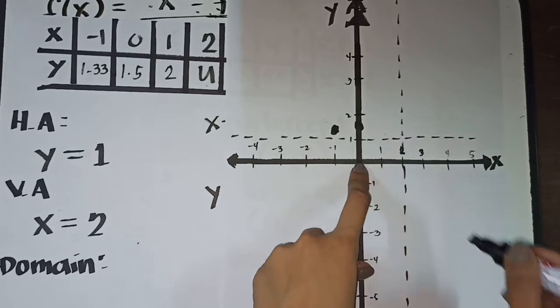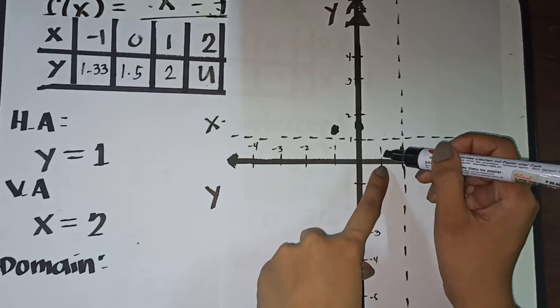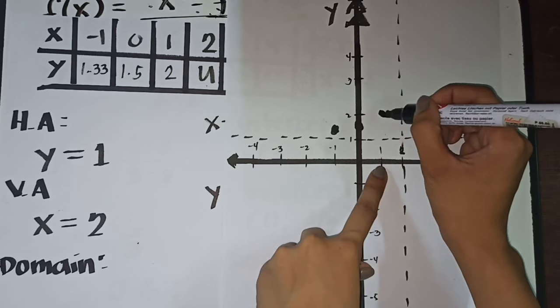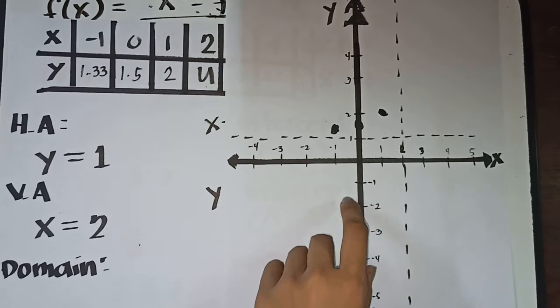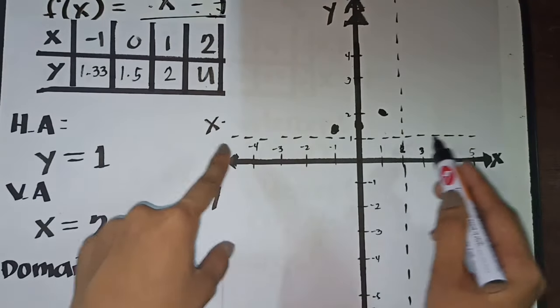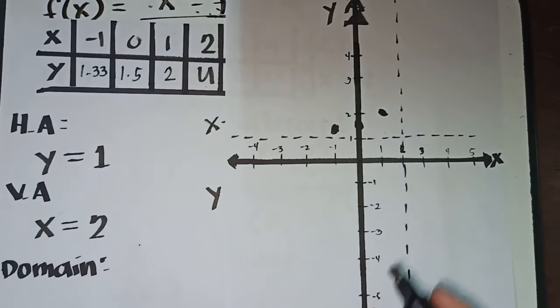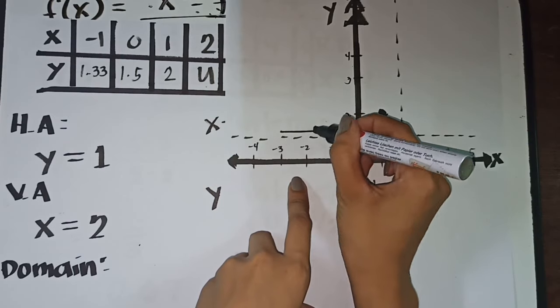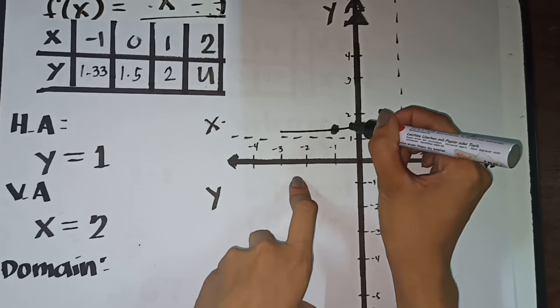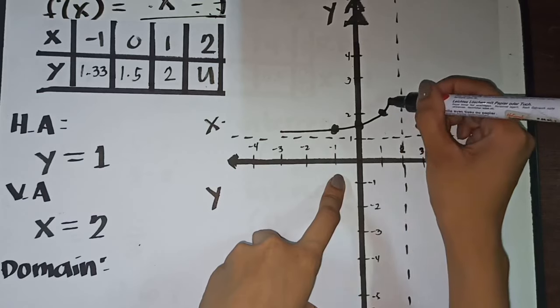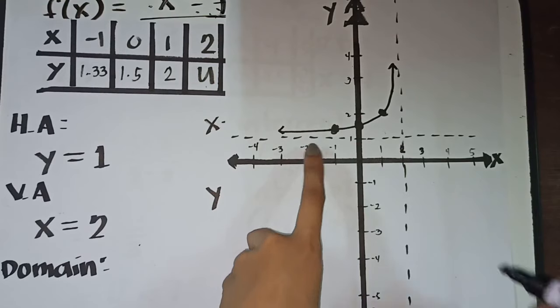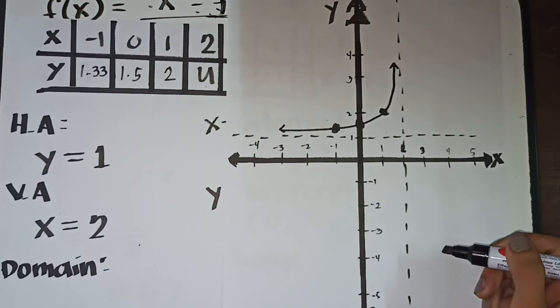Okay, so next, if x is 1, then the value of y is positive 2. Okay. So, again, ito yung magsisilbing guide mo, kung ano bang direction pupunta ang graph. So, kung sakaling i-connect na natin, kapag kinonnect mo na itong mga points na to, palapit lang siya ng palapit, pero hindi siya nagtagpo.